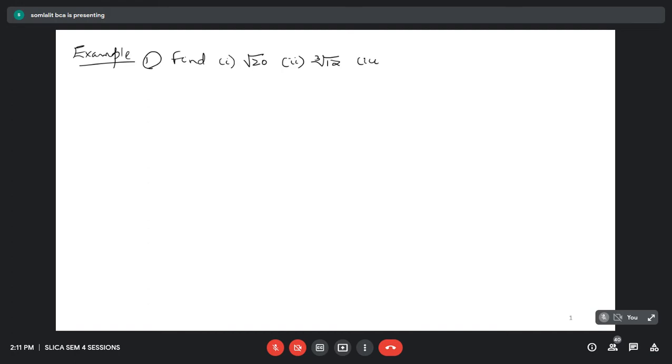Third one more, let's write here 1 upon root 15 using Newton-Raphson method. Evaluate this using NR method. This is what we want to discuss here. With the help of Newton-Raphson method, we want to get this.